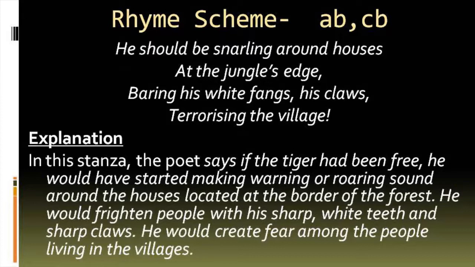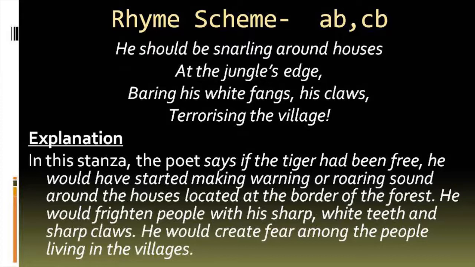Snarling means a warning sound, a kind of roaring sound, which the tiger makes around the houses at the border of the forest. Baring his white fangs means showing, uncovering his white teeth, sharp teeth. His claws. Claws means again the paw, the sharp feet.